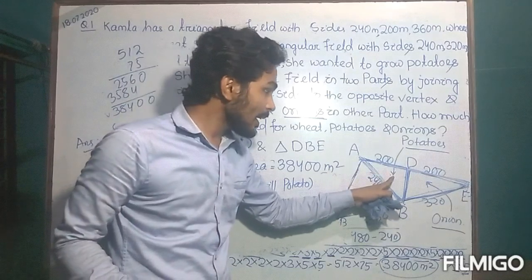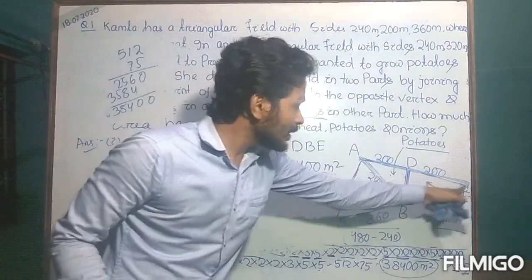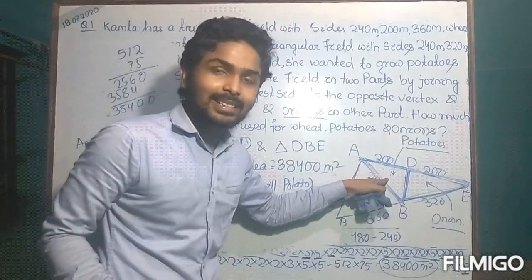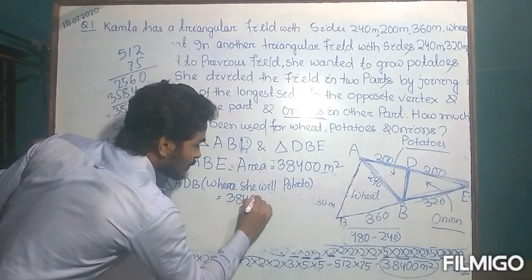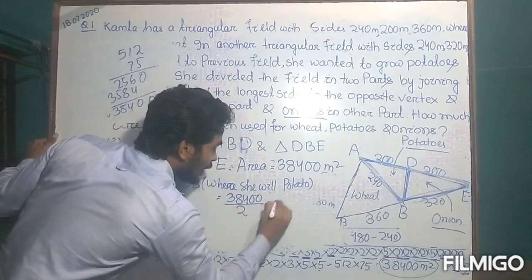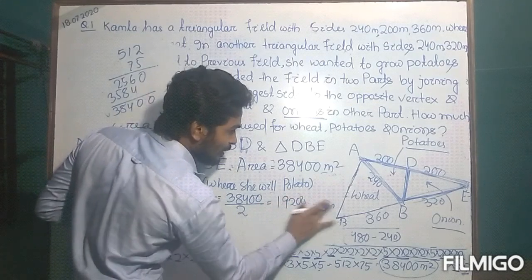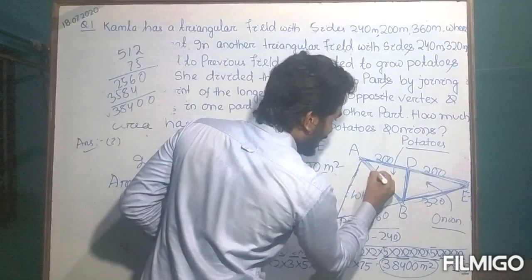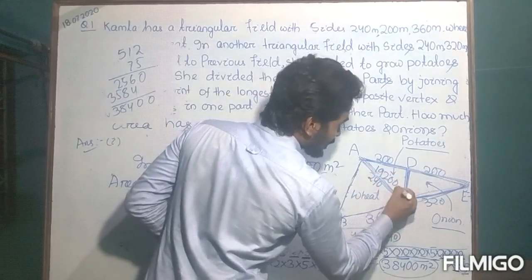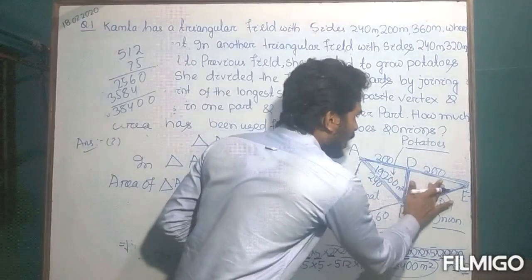Okay, in this area, the area of this triangular space is half of the total. The total is this and its half is 38400 divided by 2, is 19200 meter square. Clear? So in this area 19200 meter square she will grow potatoes, and the remaining area will be how much?